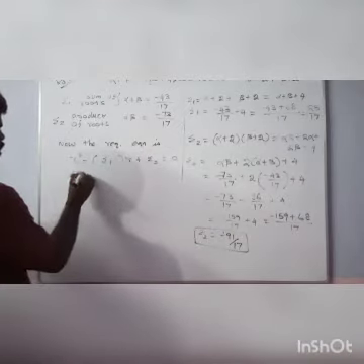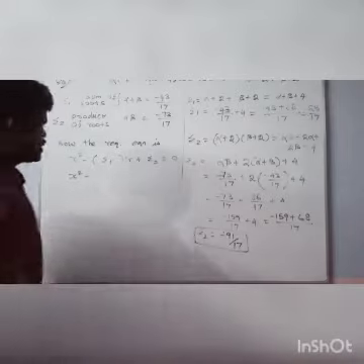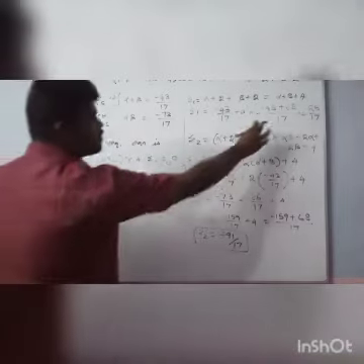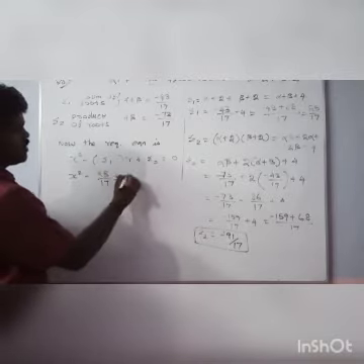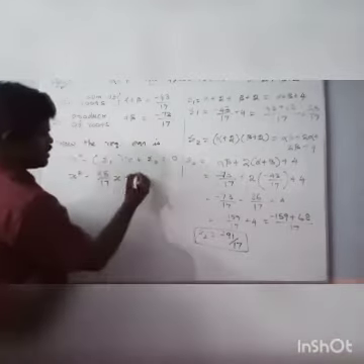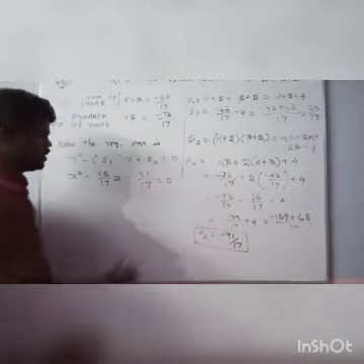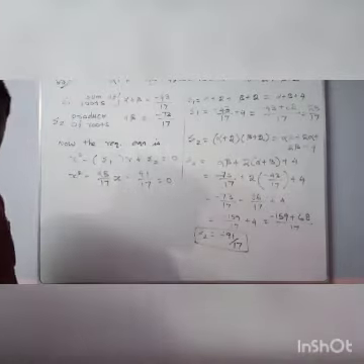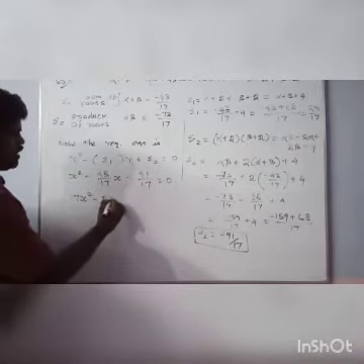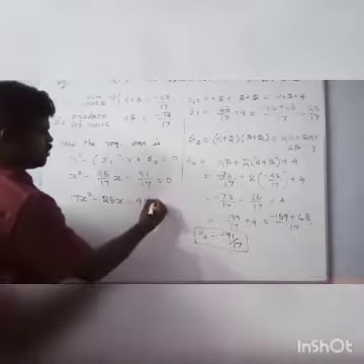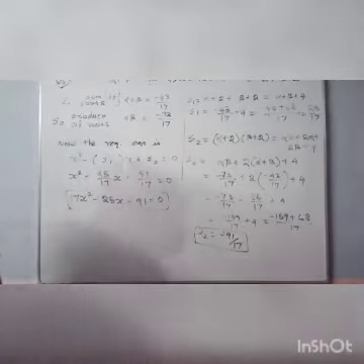Now x square minus summation 1 into x, summation 1 means 25 by 17 x, plus summation 2 means minus 91 by 17, equal to 0. Multiply 17 on both sides. What is the answer? 17x square minus 25x minus 91 equal to 0, which is the required equation.